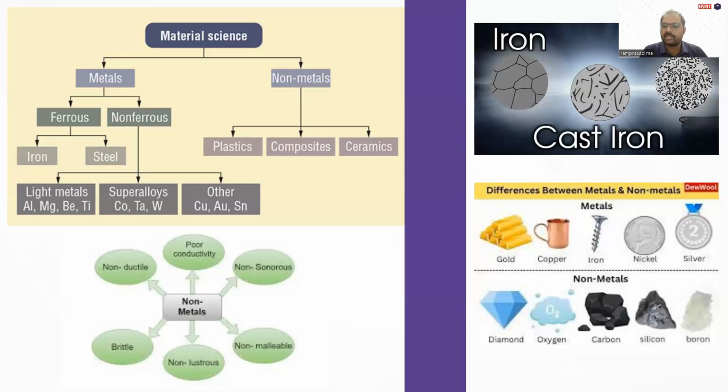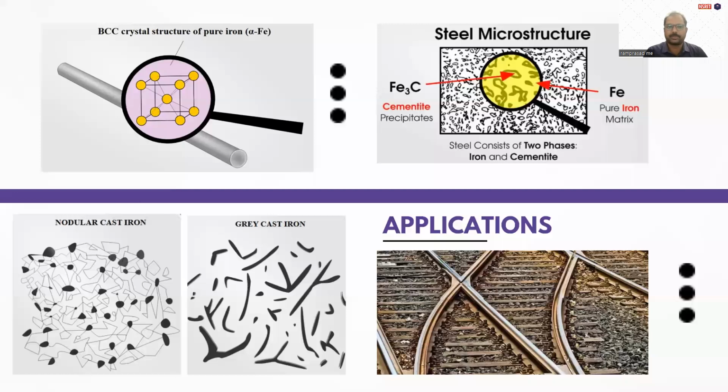And for non-metals, diamonds, carbon, silicon are all examples. Moreover, whatever material we consider, metals or non-metals have their own structure, and with the formation we classify them into different structures such as BCC, FCC and other forms of structures. So these are some examples.